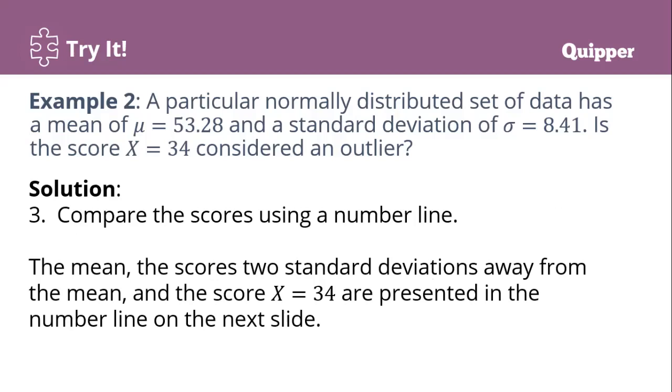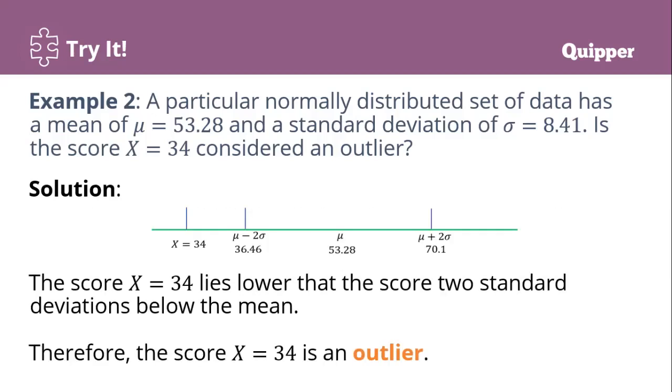The mean, the scores 2 standard deviations away from the mean, and the score x are presented in the number line on the next slide. Here is the mean, 53.28, the given. Below 2 standard deviations is 36.46, and above 2 standard deviations is 70.1. So the score 34 lies lower than the score 2 standard deviations below the mean.